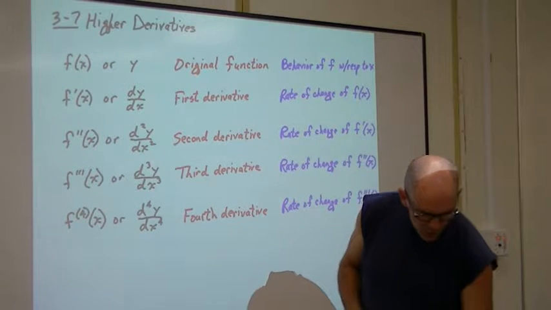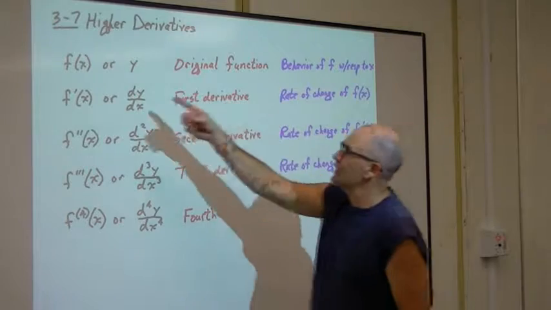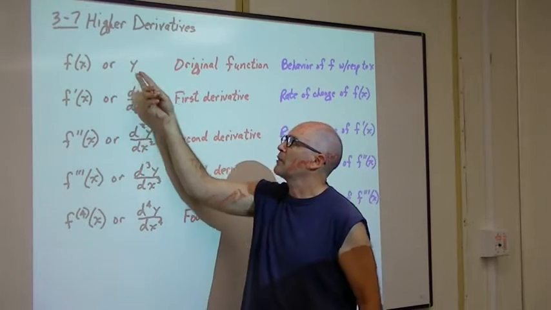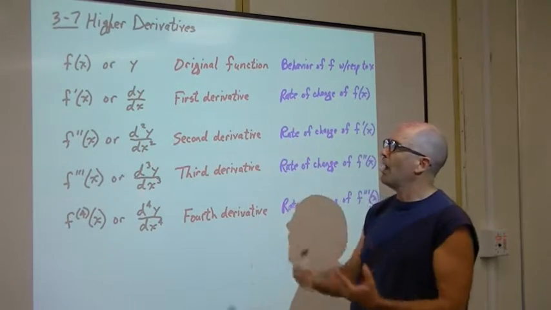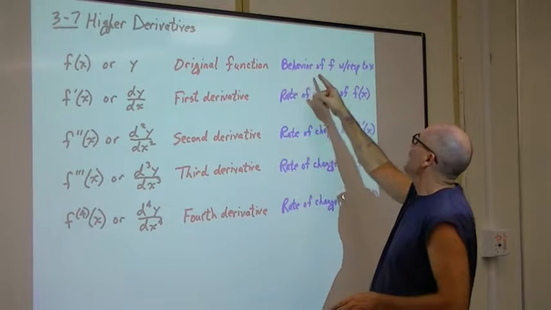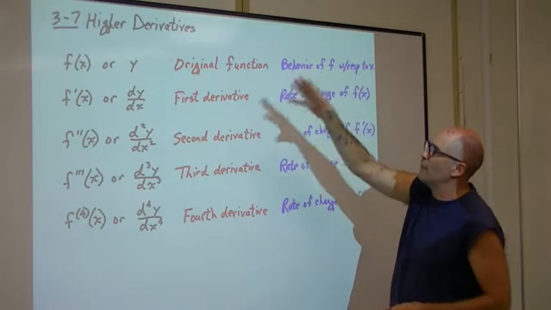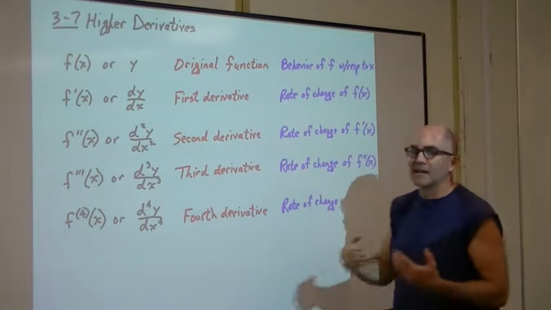Okay, so we know we've got an original function. We'll call it either f of x or y, where y is a function of x. That's our original function, and that's going to be the behavior of f, or the behavior of y, with respect to x.